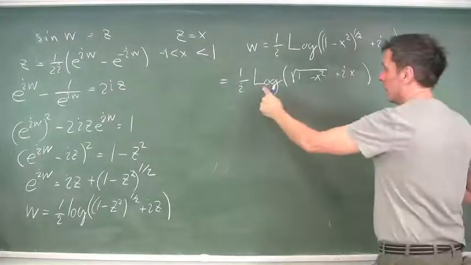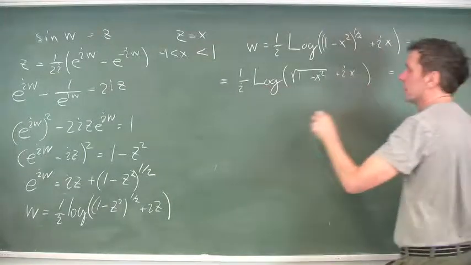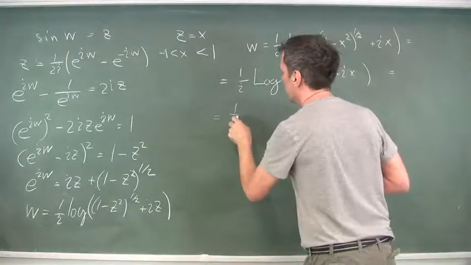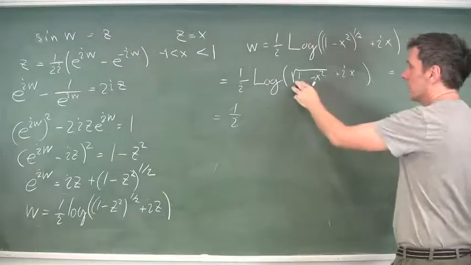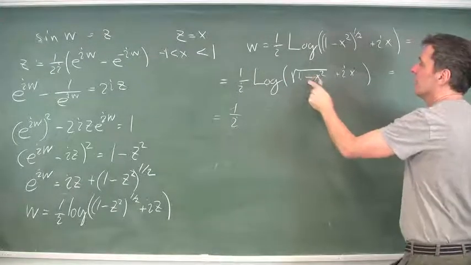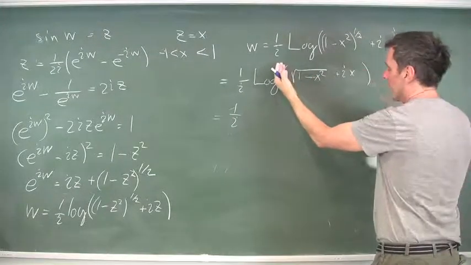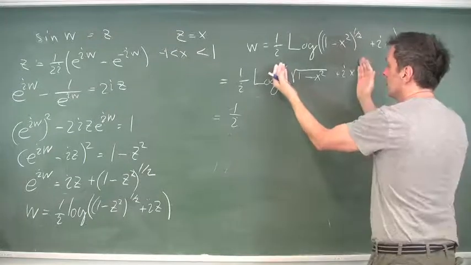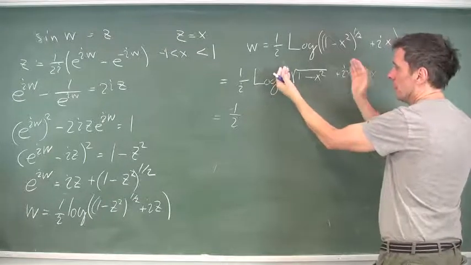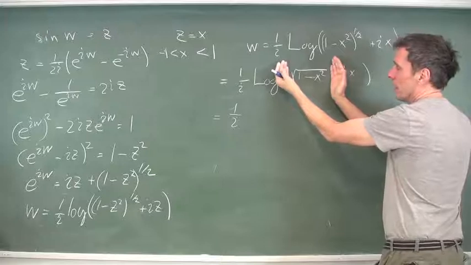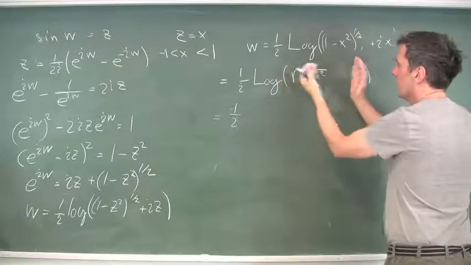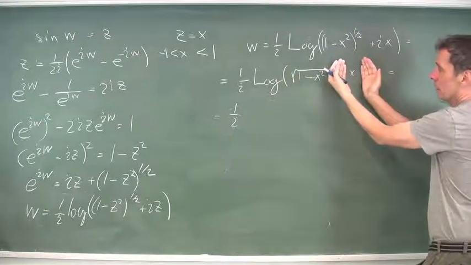And now we must compute this logarithm. So how do we do that? Well, first we observe that the absolute value of this complex number is equal to 1. Because if you take the square of this, you get 1 minus x squared. And if you take the square of this, you get x squared.